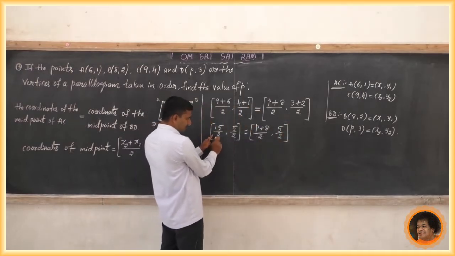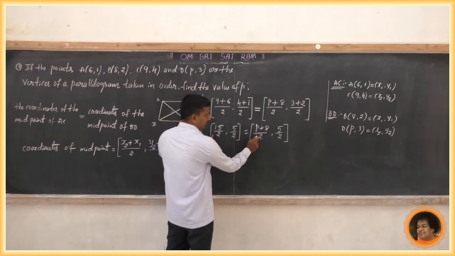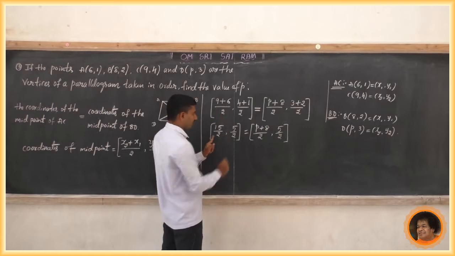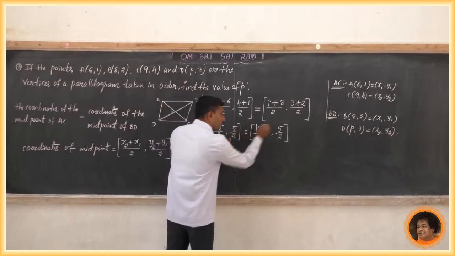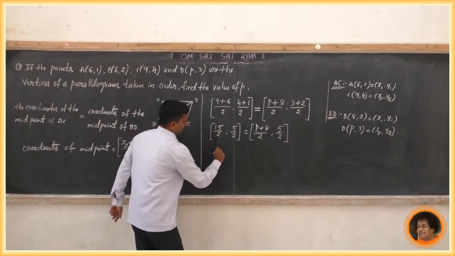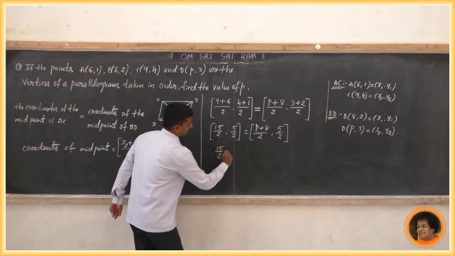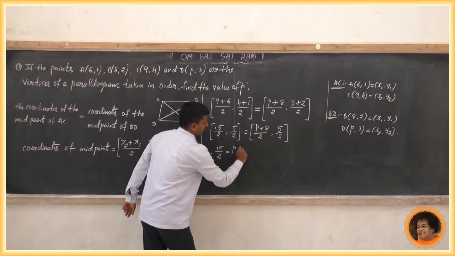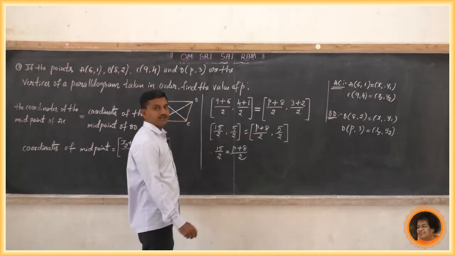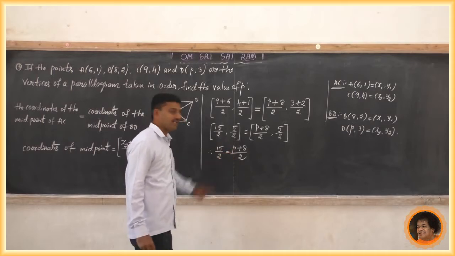Both are in the form of x comma y. Just look at the value of y: 5 by 2 equal to 5 by 2. So therefore x is also equal: 15 divided by 2 equal to P plus 8 divided by 2. So these are equal. Next, find the value of p.